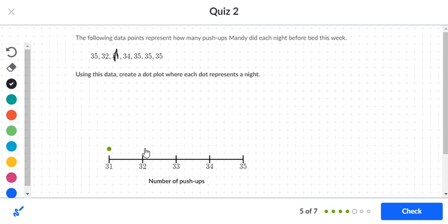Well, for 32, there's only 1 dot. The next one is 33. Notice 33 is not here, so we'll skip it. For 34, there's 1 dot. Now 35, 1, 2, 3, 4. There's 4 of 35. So we click in 1, 2, actually 3, and 4.